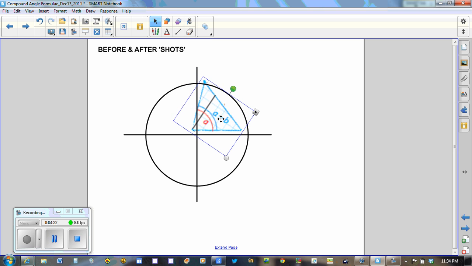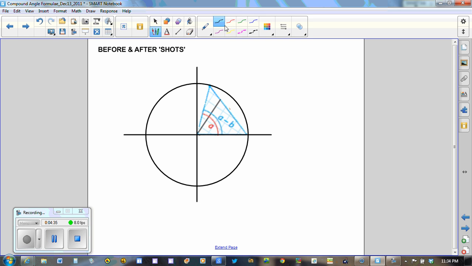If we were to take that same angle and rotate it as such, this does provide a visual representation of the angle A minus B, which you can see right here.